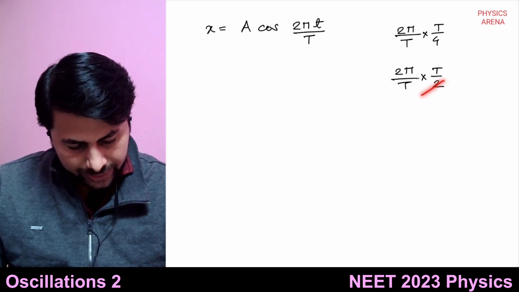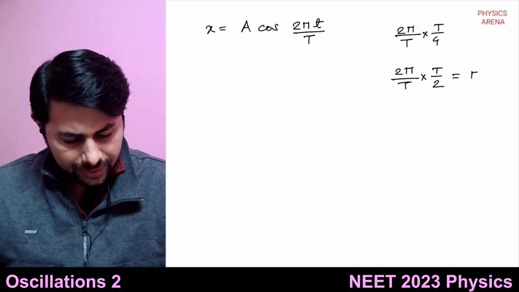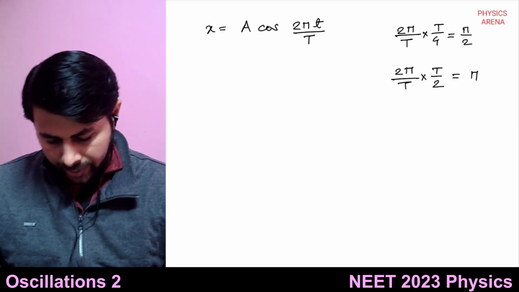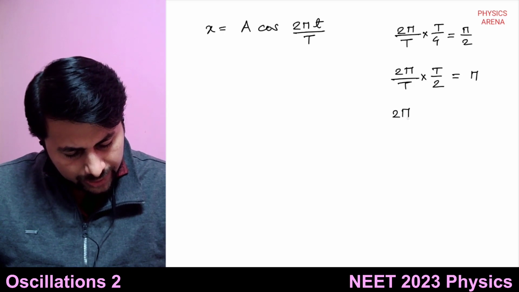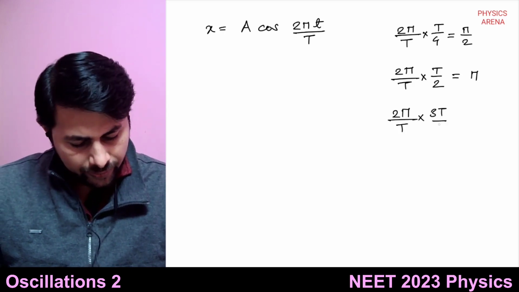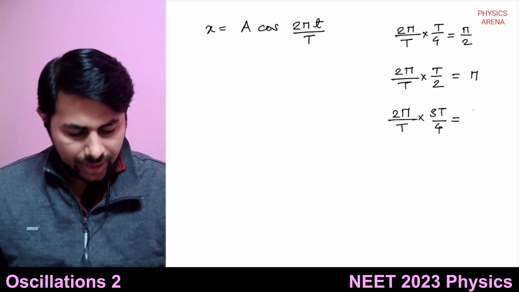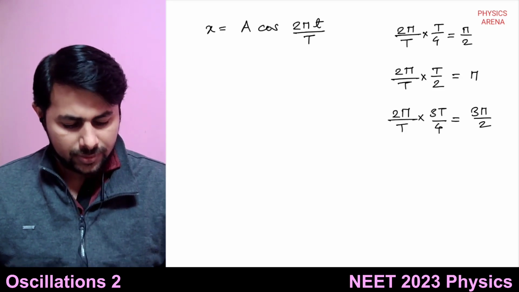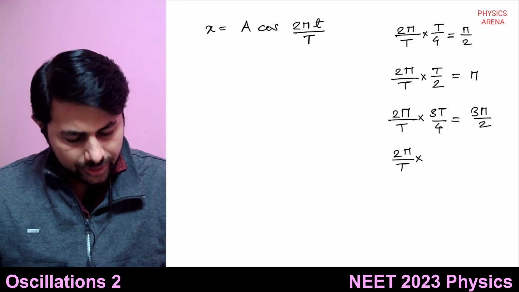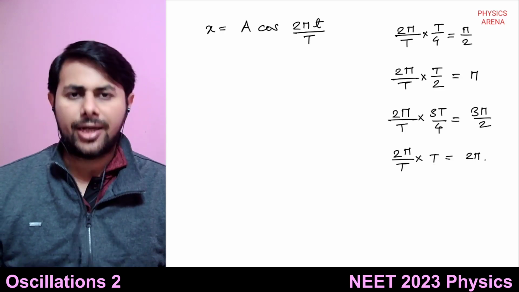So this 2 and 2 get cancelled, T and T get cancelled. So the angle is pi. Here the angle is pi by 2. Then for small t equals 3T by 4, how much would be this angle? It would be 3 pi by 2, right? And for small t equals capital T, the angle will be equal to 2 pi.